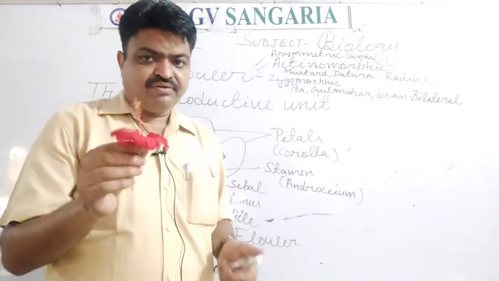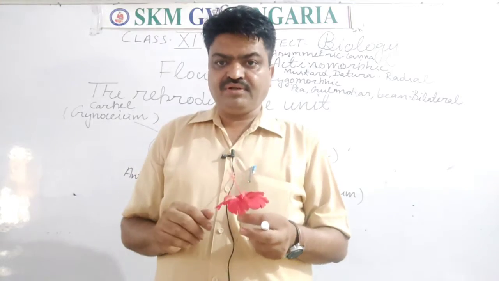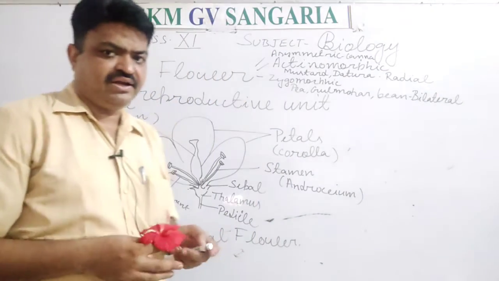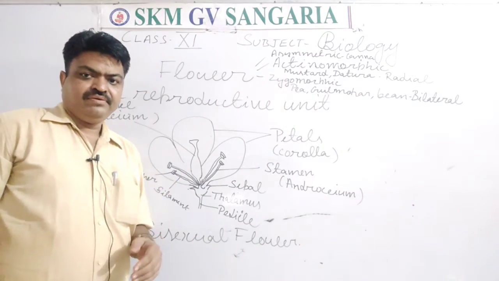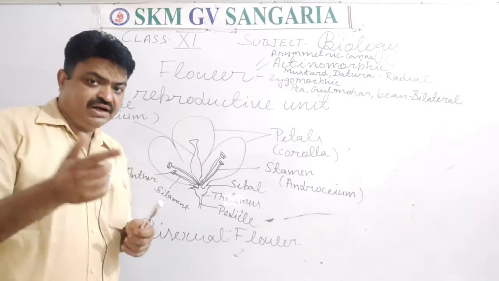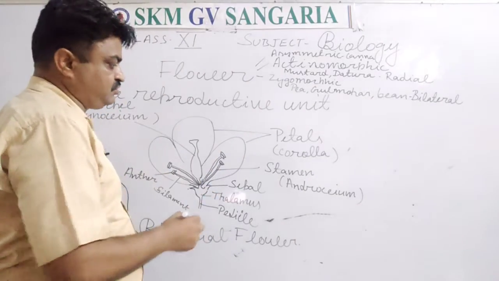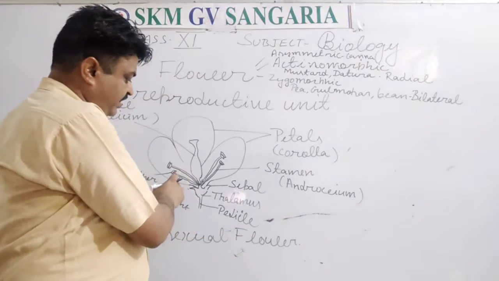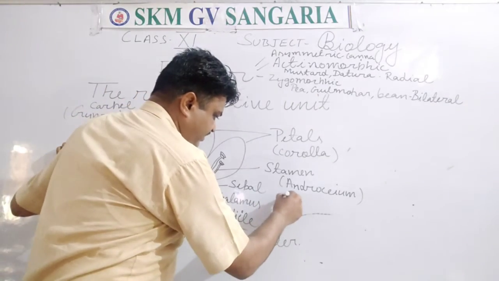So in this you can easily observe both types of reproductive organ. Like I have drawn one diagram here, it is also a bisexual flower. In the formula you can also indicate the bisexual flower with the help of one symbol, student. If I want to draw the symbol of this, how will I draw it?